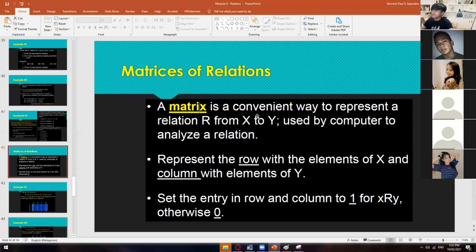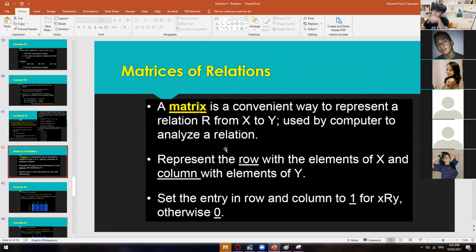Well, a matrix is a convenient way to represent a relation R from X to Y, used by computers to analyze a relation. So this one is super similar to the X coordinates and Y coordinates of the X and Y graph. But in here, we have to fill in the missing coordinates. If they are not in relation with each other, then you write there 0.